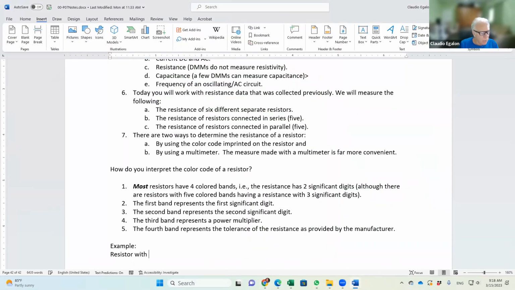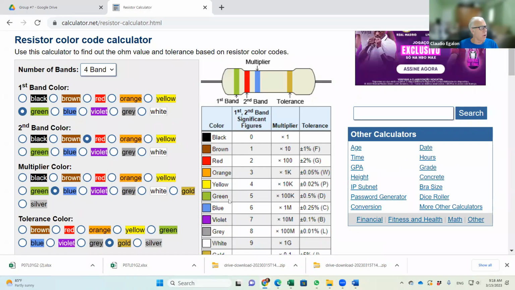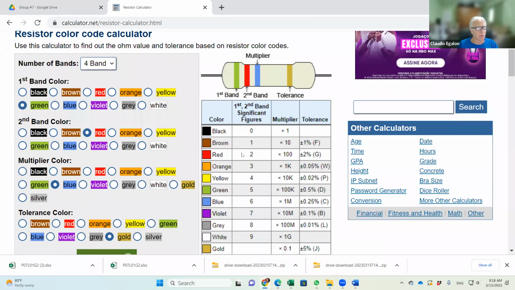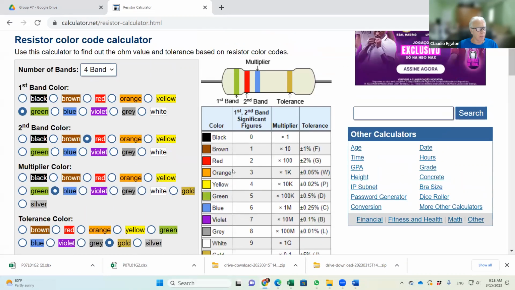You get those colors, you go to one of those tables that you can easily find on the internet.